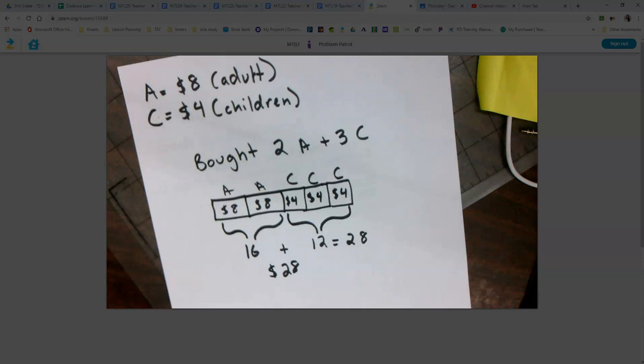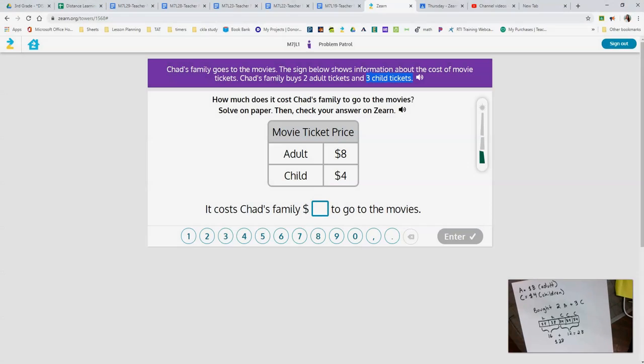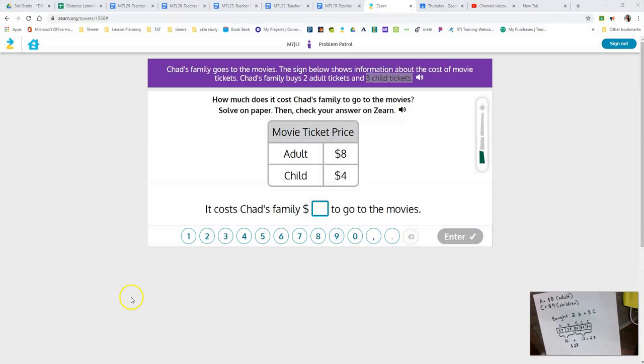I show each part of the question. Let's take a look at the question again, just to make sure that our thinking makes sense. The sign shows the information about the cost of movie tickets. They buy 2 adult tickets, and that's how I represented the adult tickets with 2 boxes labeled A that had 8 inside because each ticket was $8, and 3 children's tickets.